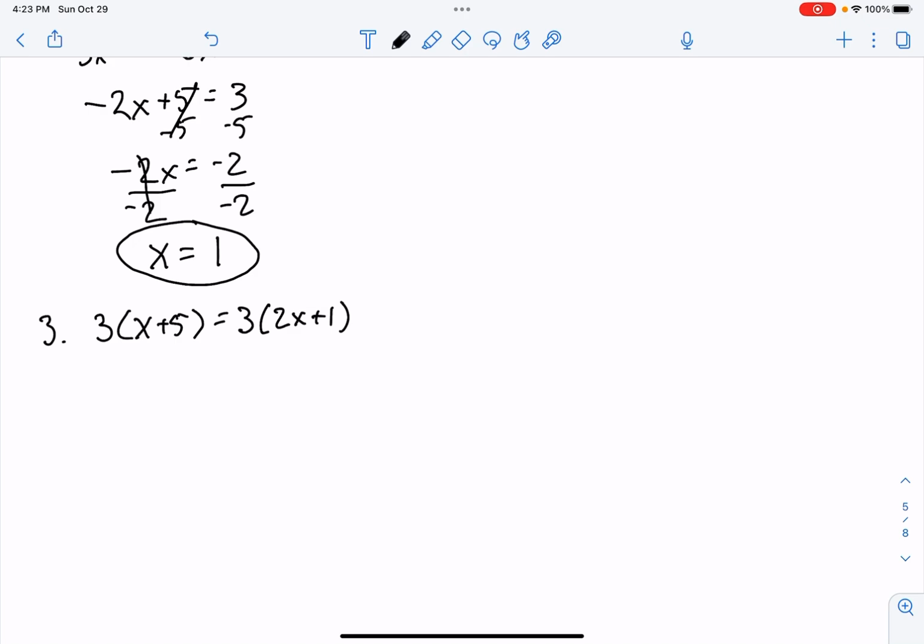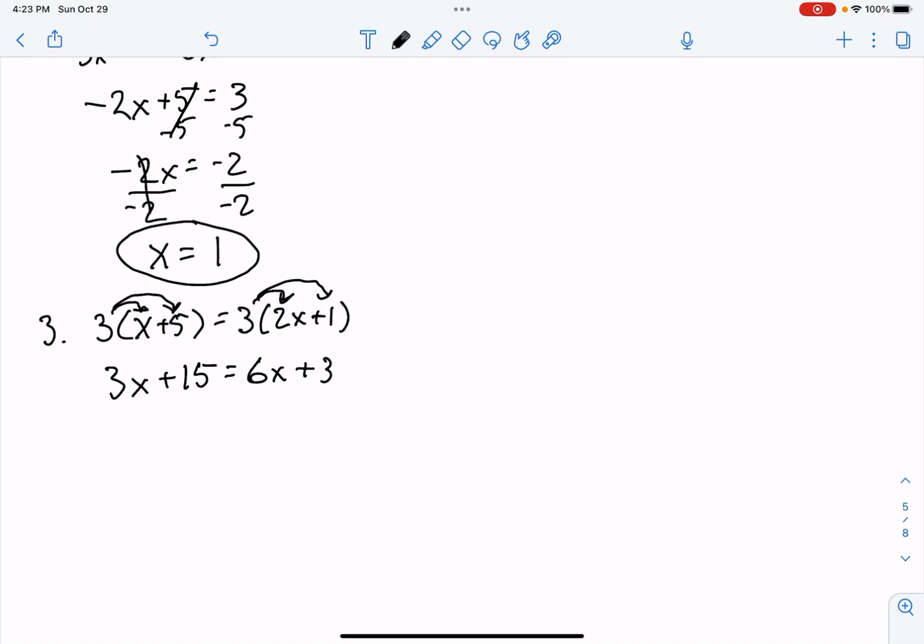Just like every other time we've done here today, we're going to distribute where we can. So we're going to start with distributing this 3. 3 times x plus 3 times 5 is 15. We can also distribute this 3. So 3 times 2x is going to give us 6x, and 3 times 1 will give us a plus 3.